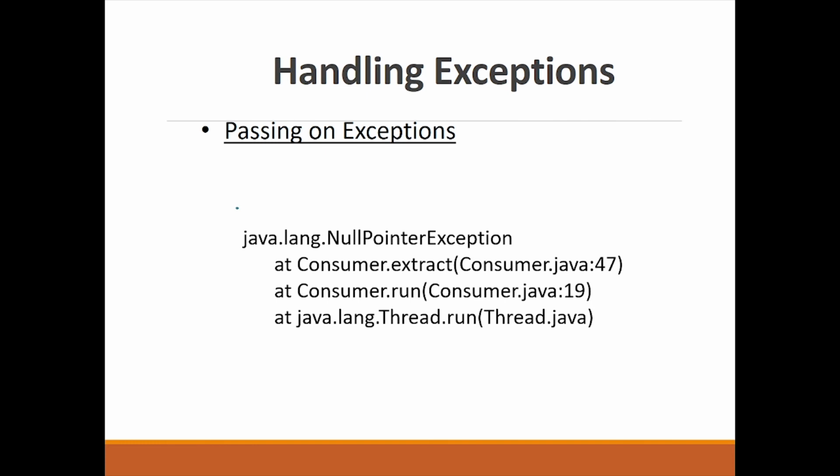Should the exception be thrown, it can then be passed to the method caller. Because the method has declared that it can throw a particular exception, the caller knows that such an exception can occur, and it must be able to catch the exception itself, or further pass it to its own caller.